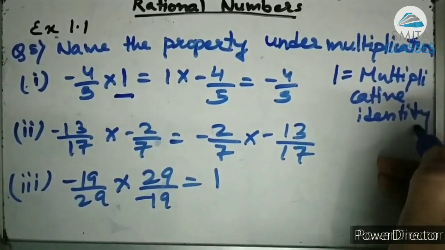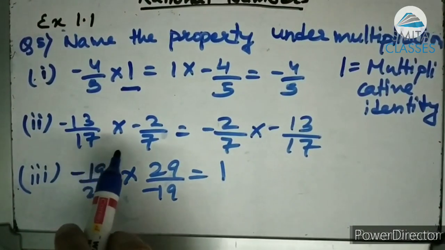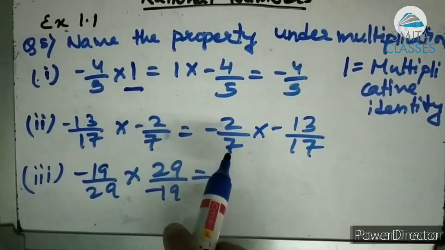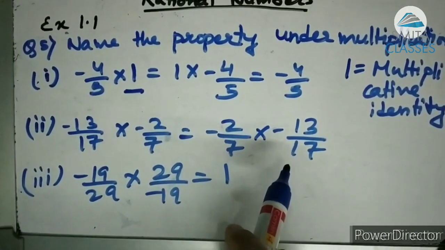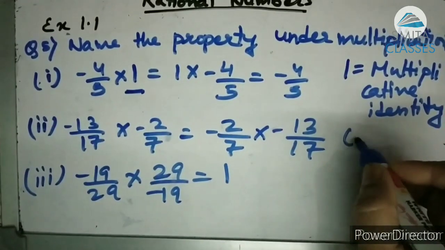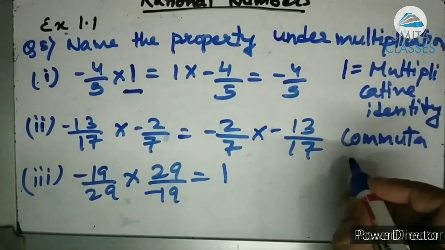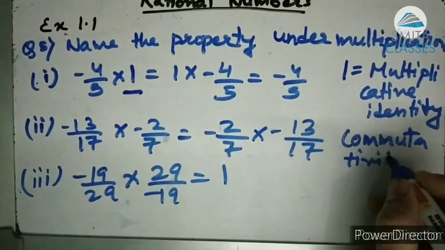In the second part I see minus 13 by 7 into minus 2 by 7 is equal to minus 2 by 7 into minus 13 by 7. So here I can clearly see that they are using the commutativity property.